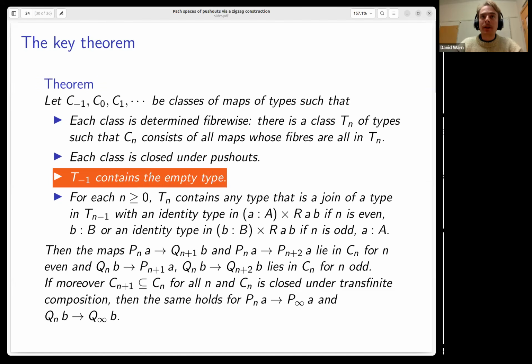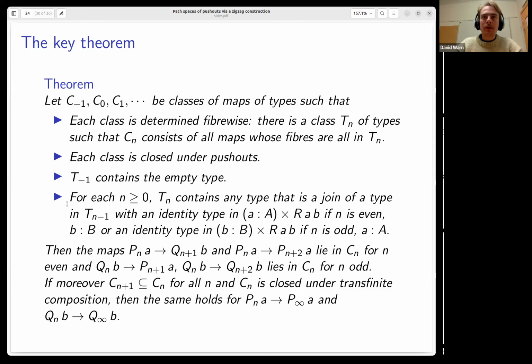I ask also that T-1 contains the empty type, and that Tn has this closure under join. So if you join some type in Tn-1 with an identity type of one of these two forms, depending on if n is even or odd, any such join should lie in Tn.